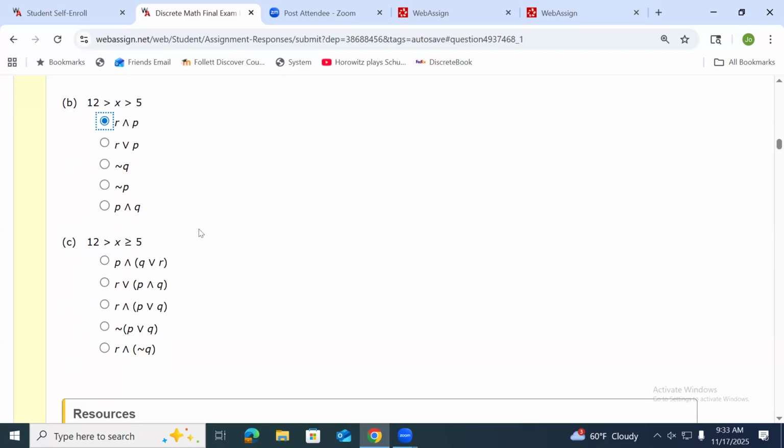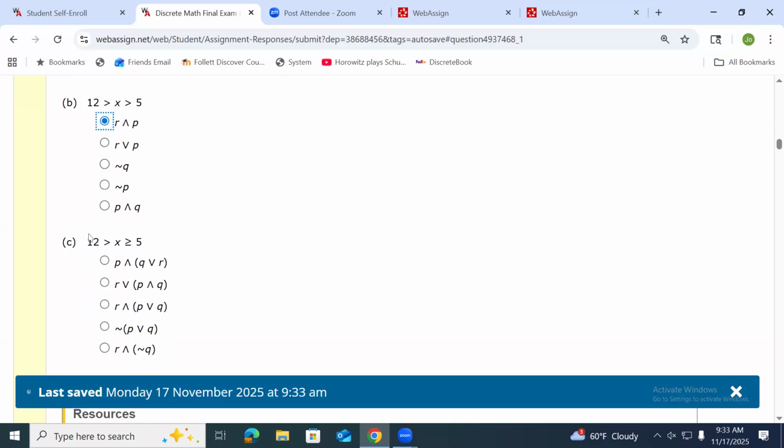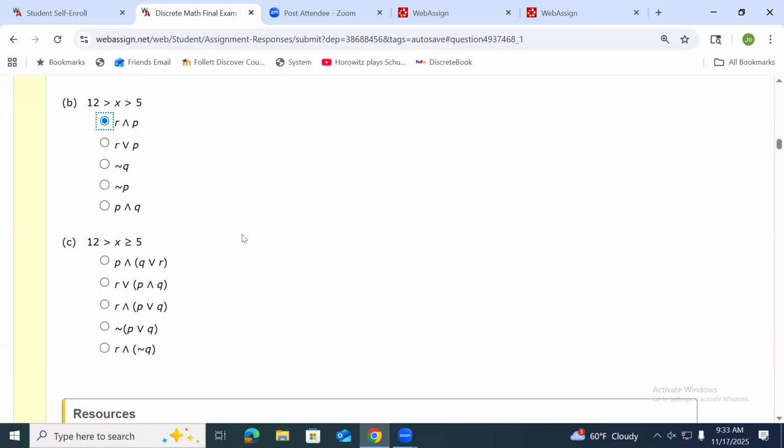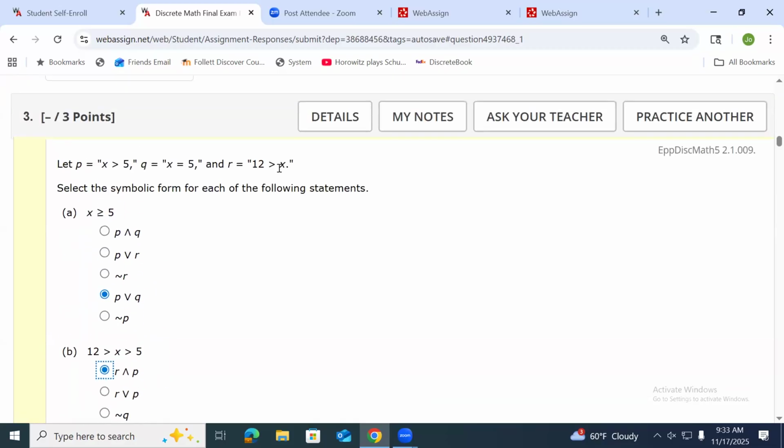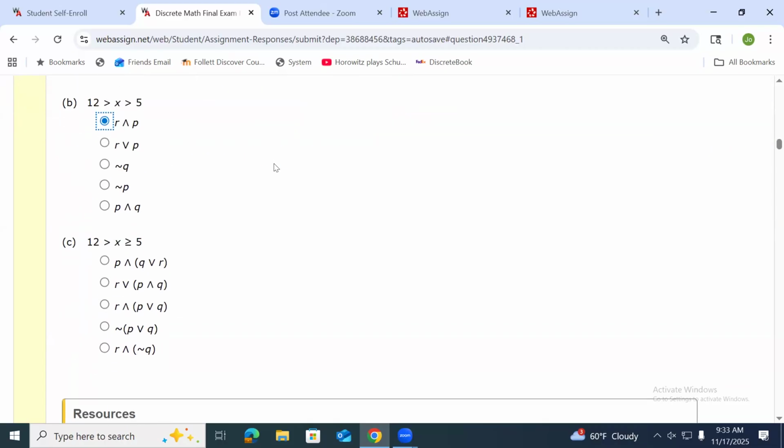How about 12 is greater than X is greater than or equal to 5? What does that mean? 12 is greater than X, and then X is greater than or equal to 5. What does that mean together at once? That means R, that's the first part, and then the other side is true as well, but the other side has an or in it. So you have to put it in parentheses.